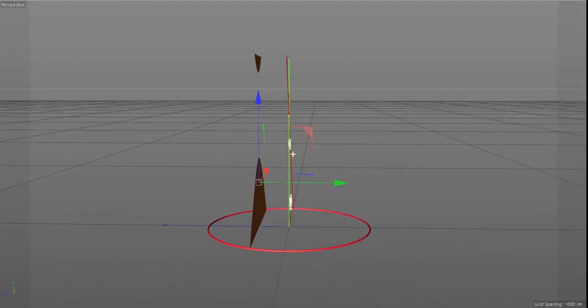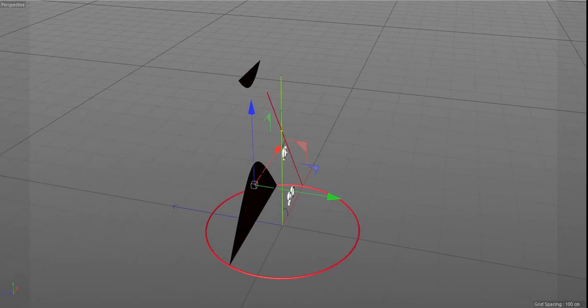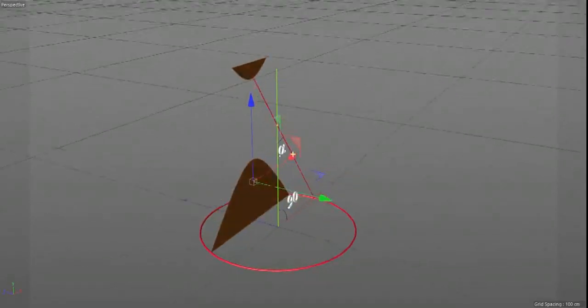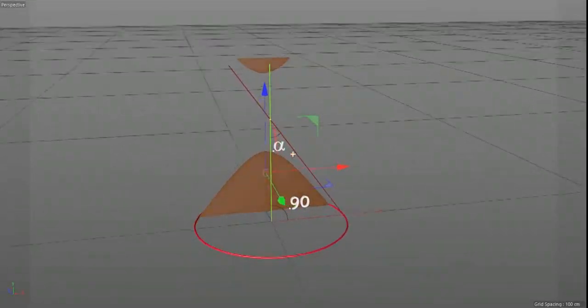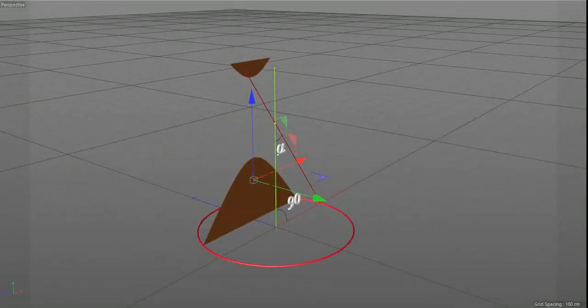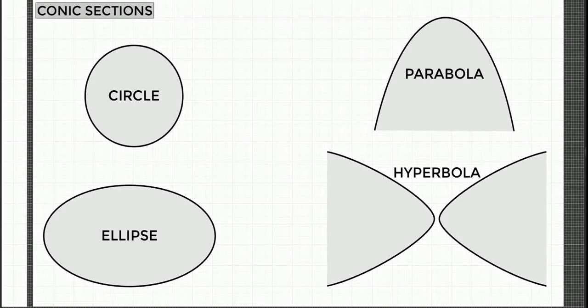And when the plane is parallel to the axis and cuts both the cones, we get a hyperbola. So here are the four shapes of our conic sections: circle, ellipse, parabola, and hyperbola.